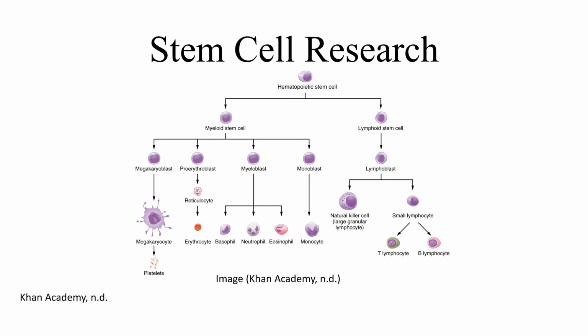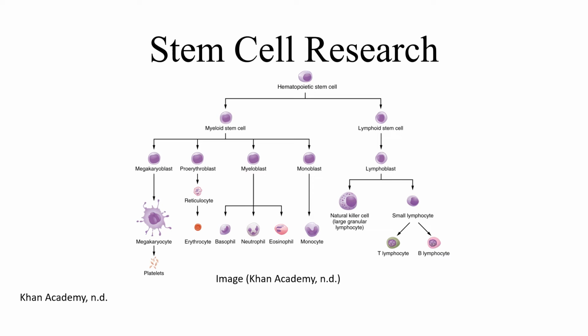So now we're going to go over here and we're going to discuss stem cell research. Red blood cells, white blood cells, and platelet producing cells are all descendants from a common precursor. They are a hematopoietic stem cell. Now, stem cells divide asymmetrically, which means one daughter cell remains a stem cell of the same type, while another daughter cell acquires a new identity.